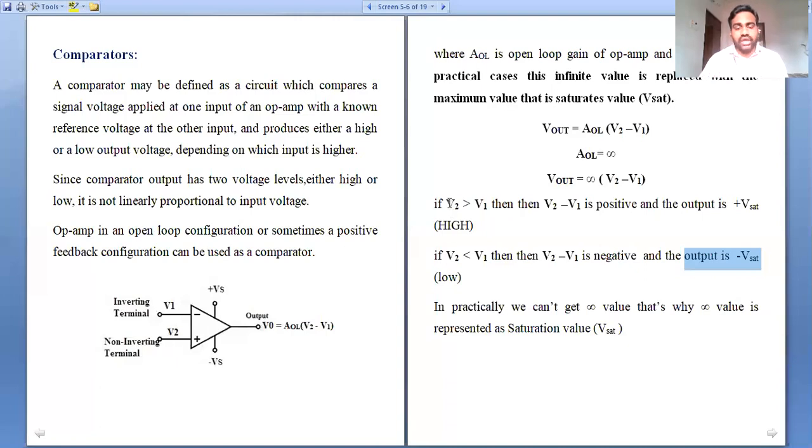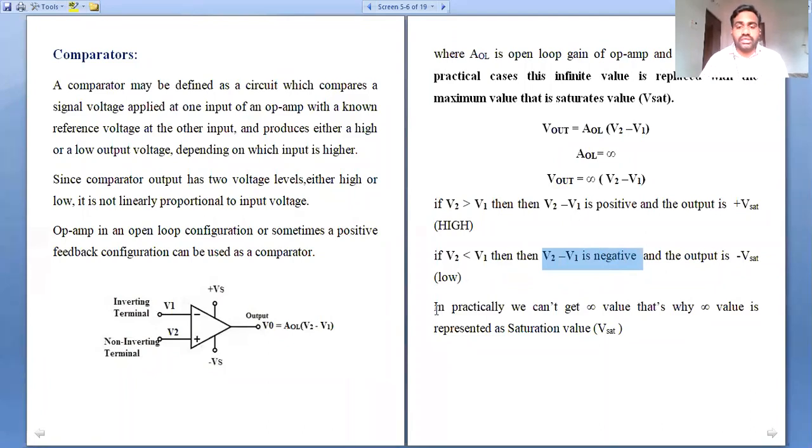If V2 is greater than V1, the difference is positive and the output is positive saturation, represented as high. If V2 is less than V1, the difference between the two input voltages is negative, and the output voltage is represented as minus Vsat, which is low.